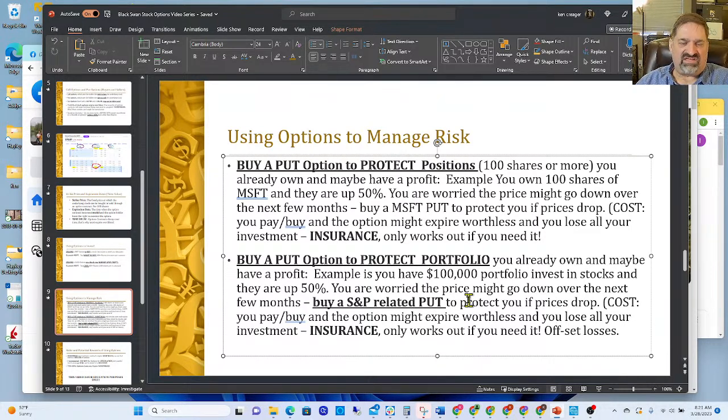So you might use a NASDAQ related ETF and go buy a put option on the ETF. So that would kind of hedge your whole portfolio. But it's insurance, basically. That's what you're doing. It only works when you need it. And you can use it to offset losses, though.